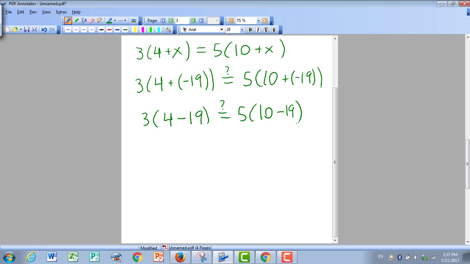Now we are doing order of operations here, so we have to do inside the brackets first. So on both sides, I'm going to do inside the brackets. 4 minus 19 is negative 15, and 10 minus 19 is negative 19.